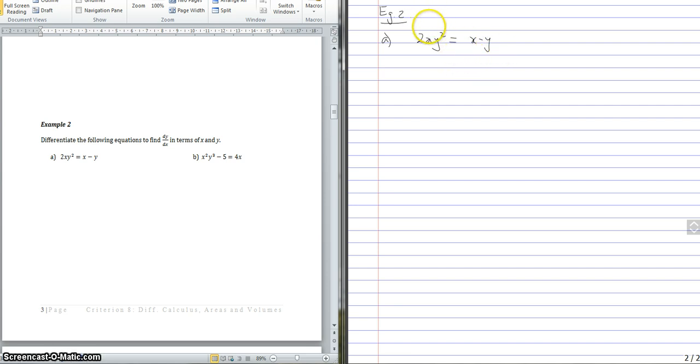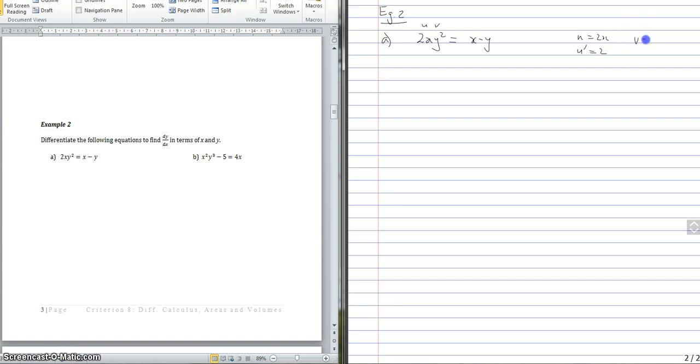Now, we've got here a product, we have here a composite function with y squared, so we need to apply the chain rule here, but it's also a product rule, and we can differentiate these separately. So if we let that equal u and that equal v, then we've got u equal 2x, which makes u dash equal to 2.